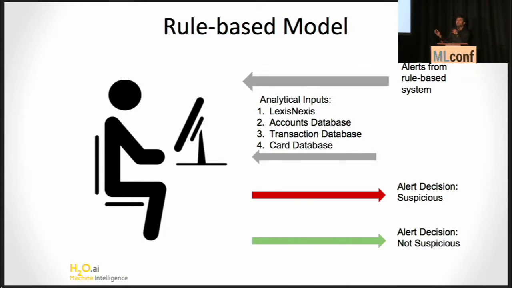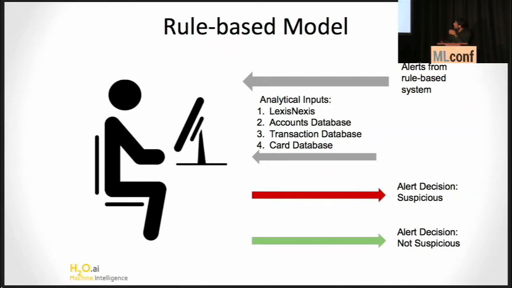Are you at a risk of committing fraud? Are you at a risk of committing a crime? They look at your LexisNexis information to figure out whether you had a bad history or you've been a good citizen all the while. Based off all these things, they decide whether an alert is suspicious or not suspicious. So the moment we bring in a human being, there is always a subjective judgment that comes in.